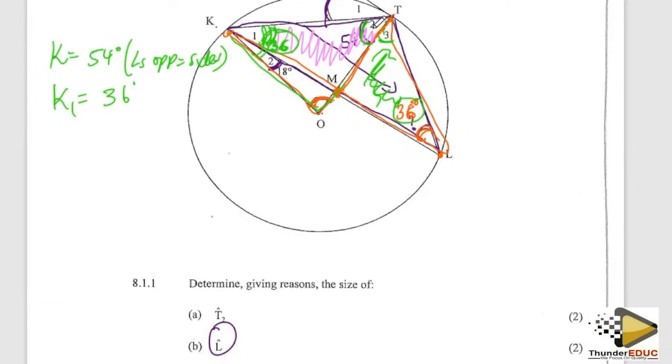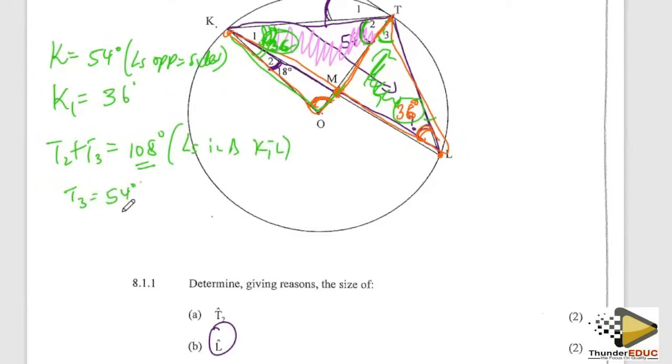If I try to find this missing angle, T2 and T3, I look at triangle KTL. The 36 and 36 make 72, which means that's going to be 108, angles in triangle KTL. If that is 108, but this is 54, then T3 is going to be 54.